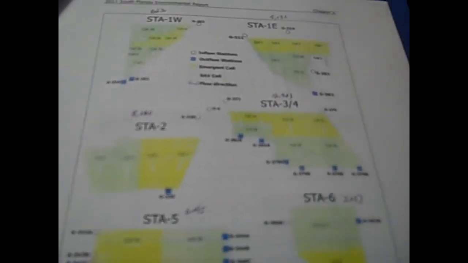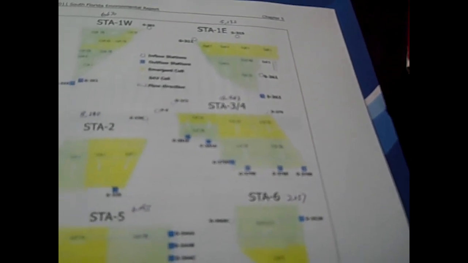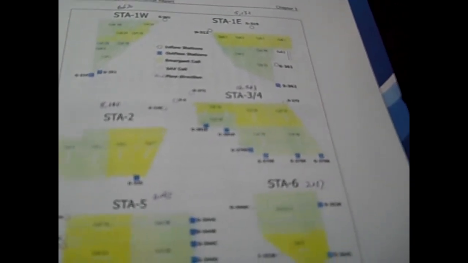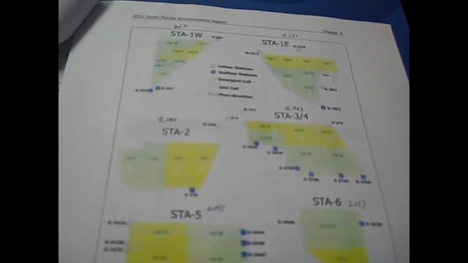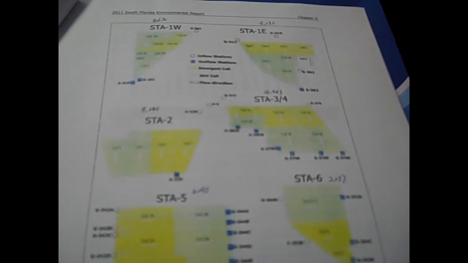Sometimes later on you'll see this EAV, emergent plants. And then the water gets into the emergent plants first, and then from emergent plants into SAV. We call SAV submerged aquatic vegetation.